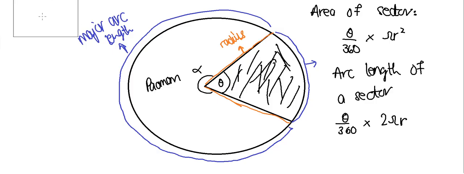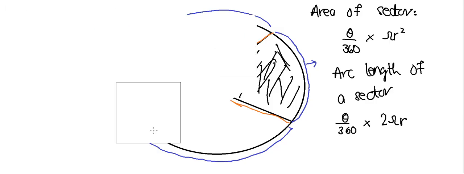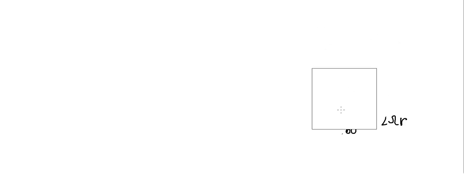Now, I want you all to solve a question in which we have a circle like this. You don't have to draw the circle, okay? And so basically, the radius of the circle is, let's say it is 8 centimeters.